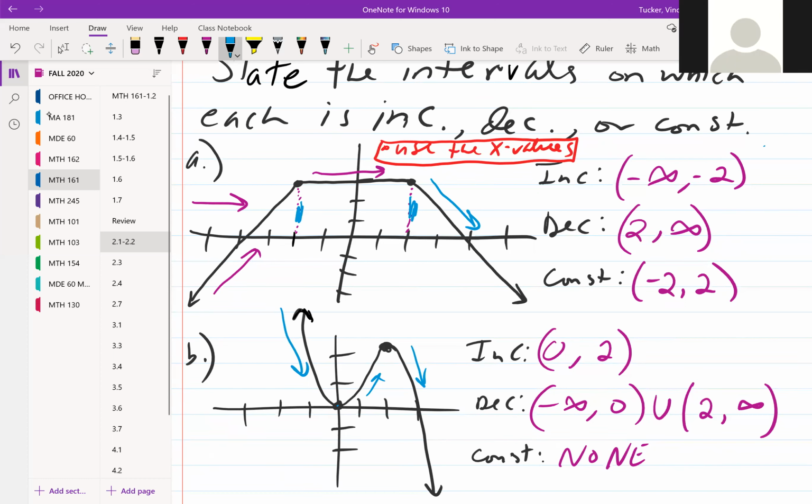Just a quick question, Professor Tucker. Yep. For the decreasing part, I always get confused at the second one, not the first one from negative infinity to 0, but where it's saying 2 to infinity. So are we looking at the 2 that's the y value 2 or the x value 2?